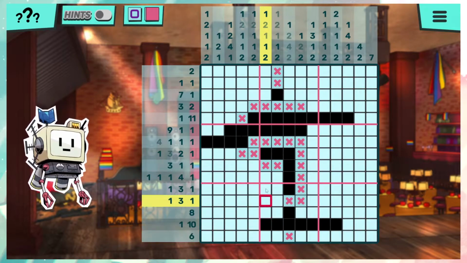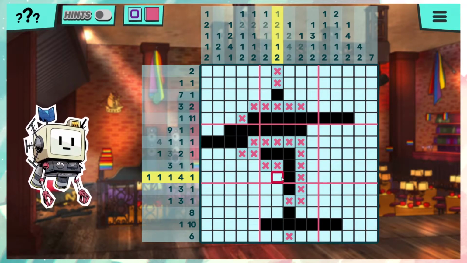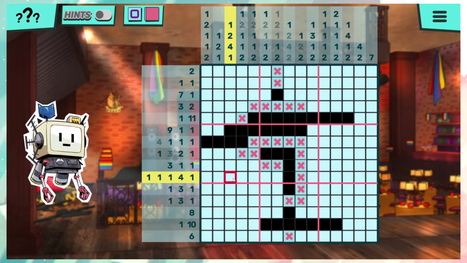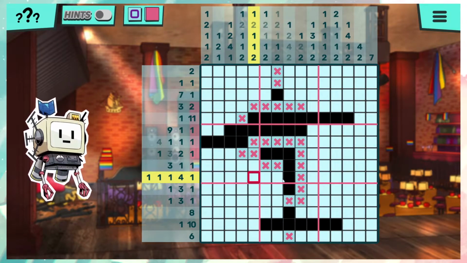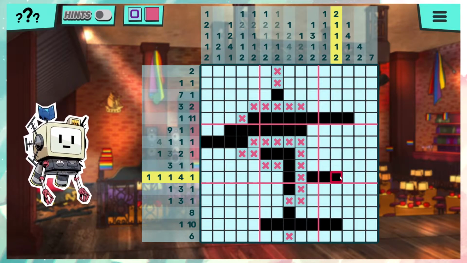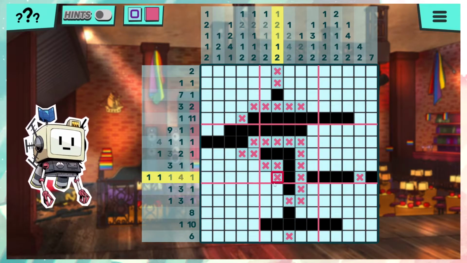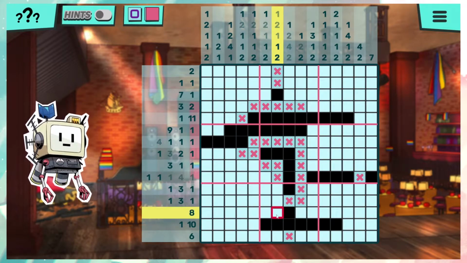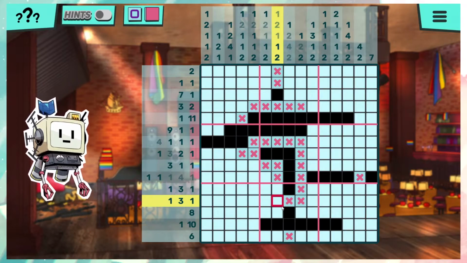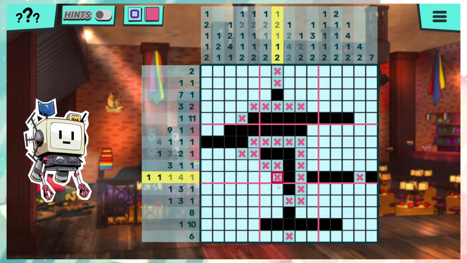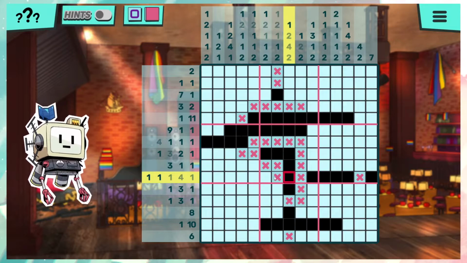This is part of the 2, but we don't know where. Ooh, what is this? 1x, 1x, 1x. Okay, so that can't be the 4, right? So the 4 has to be here, right? So that has to be one of the 1s. Okay, does that help me with this row? 1x, 1, 2, or 1, 2x, 1? No, not quite.